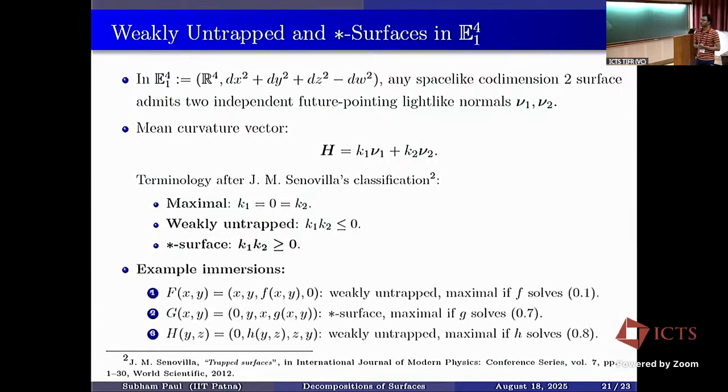Now, if we take any solution of the maximal surface equation 0.1 and immerse it using equations 1, 2, and 3 in the example immersions, then you can see that it will be weakly untrapped. From F it will be a weakly untrapped surface, capital G will induce a star surface, and capital H will induce a weakly untrapped surface.